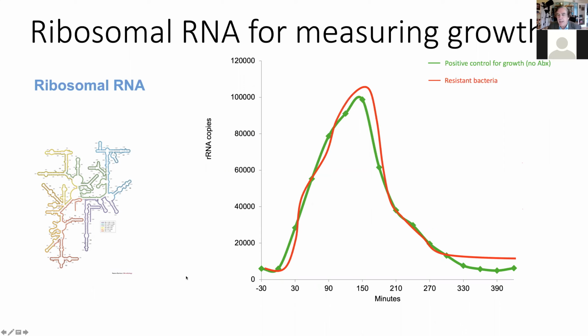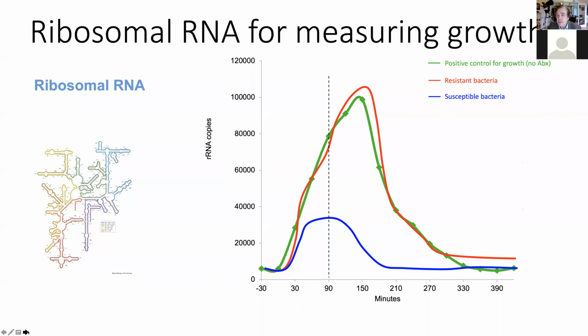The next one is the curve when you have resistant bacteria. They act as if there's no antibiotics. But then when there's bacteria that are susceptible, the ribosomal RNA copies decrease dramatically.